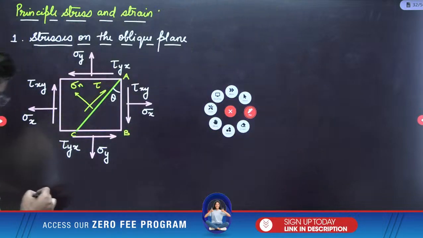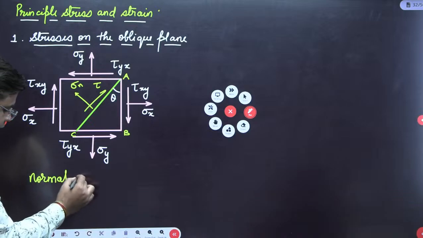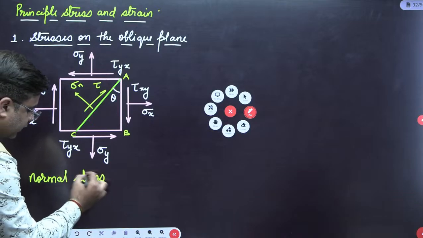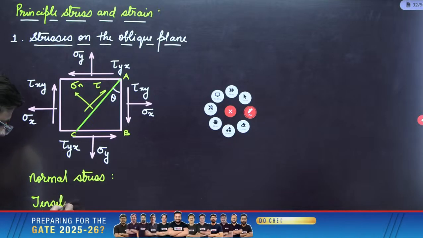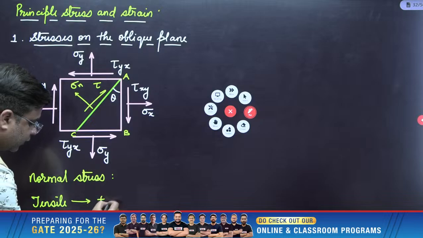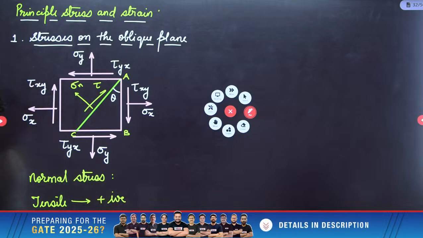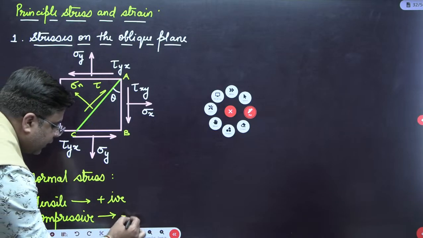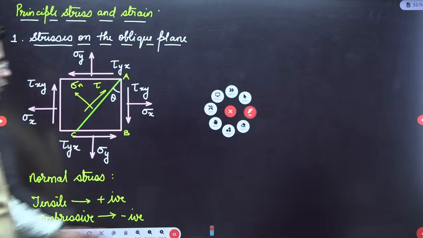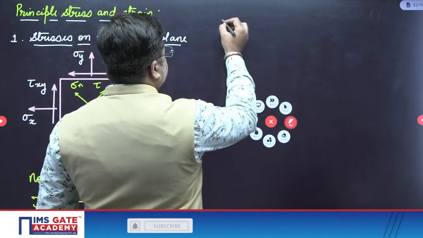So for normal stresses, tensile is positive and compressive is negative. Now talking about the shear stress.